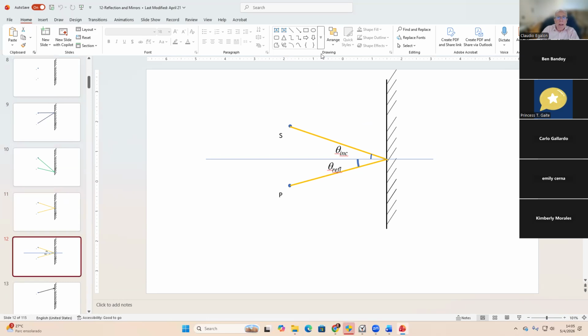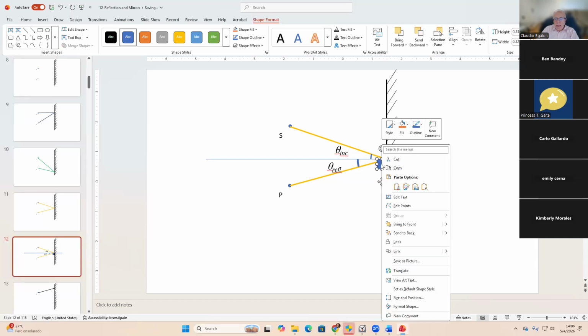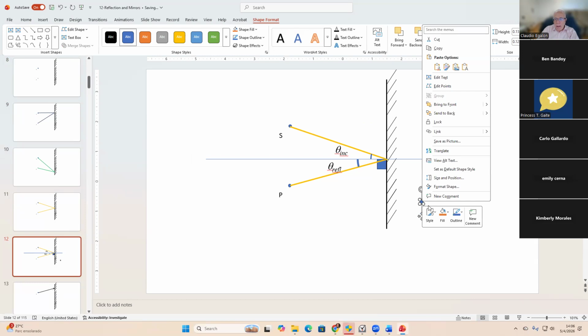I'll leave it this way, and what I'm going to do here is draw a 90-degree angle. This guy is going to be sent to the back, and I'm going to put a little black dot there inside.